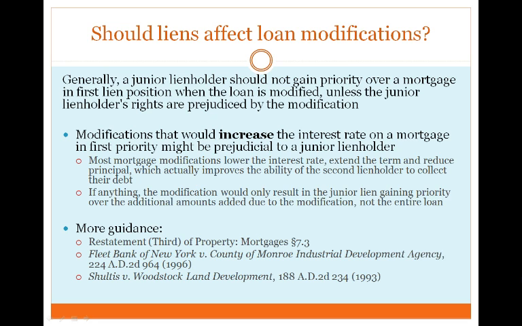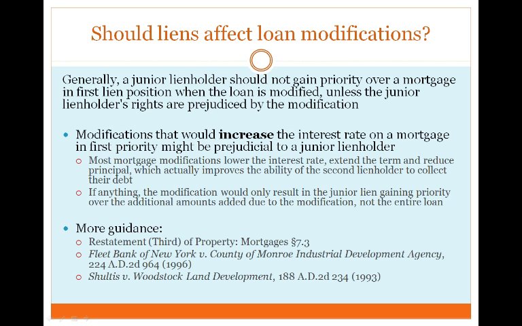Basically, the restatement of the law is saying that if a mortgage is modified and the junior lien holder's rights are prejudiced, then it could be a problem for the security interest of the junior lien holder, but only to the extent of any amounts added to the mortgage due to the modification. Specifically, some of the case law has pointed to the fact that modifications that would increase the interest rate on the mortgage in first priority could create prejudice to the junior lien holder.